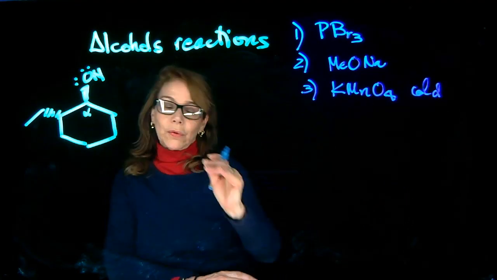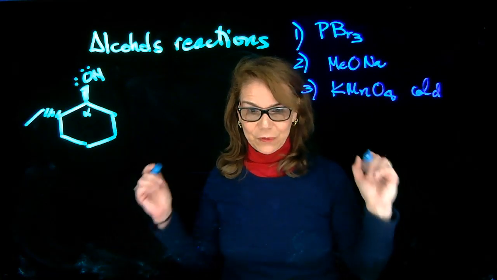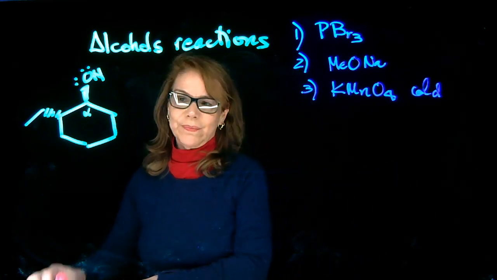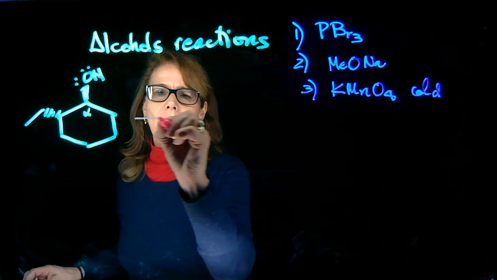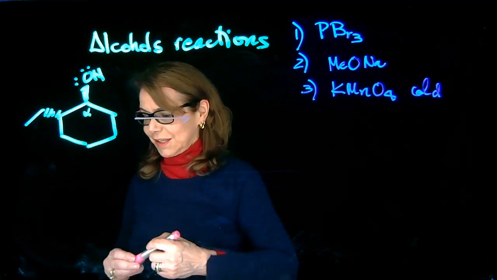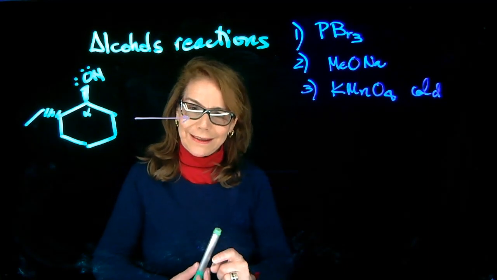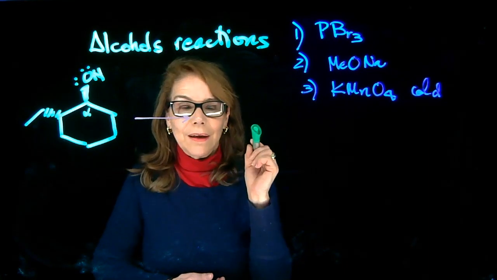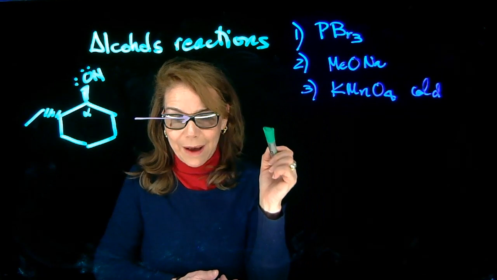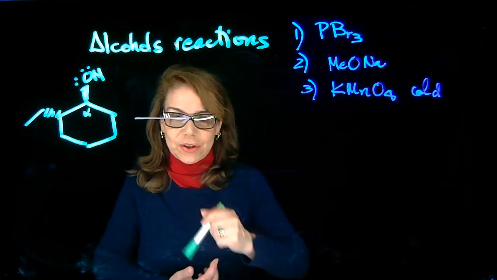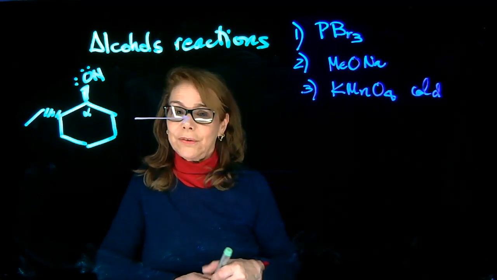Okay, so let's analyze again, step by step, to get to the final product. So now, reaction one. This reagent is used to transform the alcohol into an alkyl halide. And we must remember that this happens with inversion of configuration at the center. That is a chiral center.